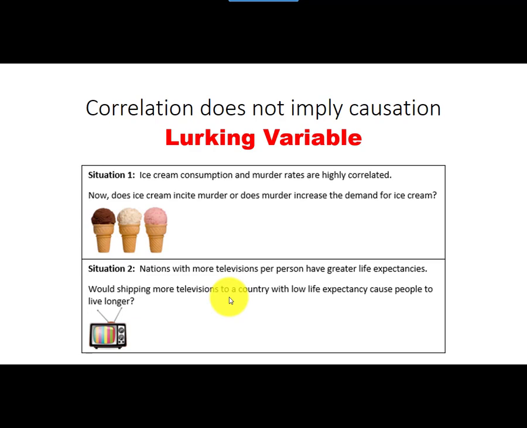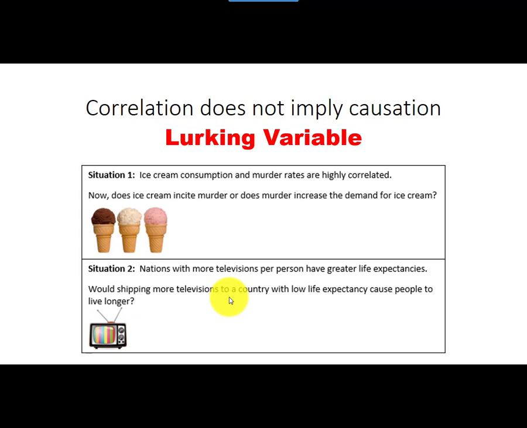So what is a third variable, or maybe even more, but certainly another variable that could be causing both of these two variables, that is, the number of televisions per person and life expectancies? What could be causing both of those to change? If you were thinking the wealth of the nation, you'd be correct.